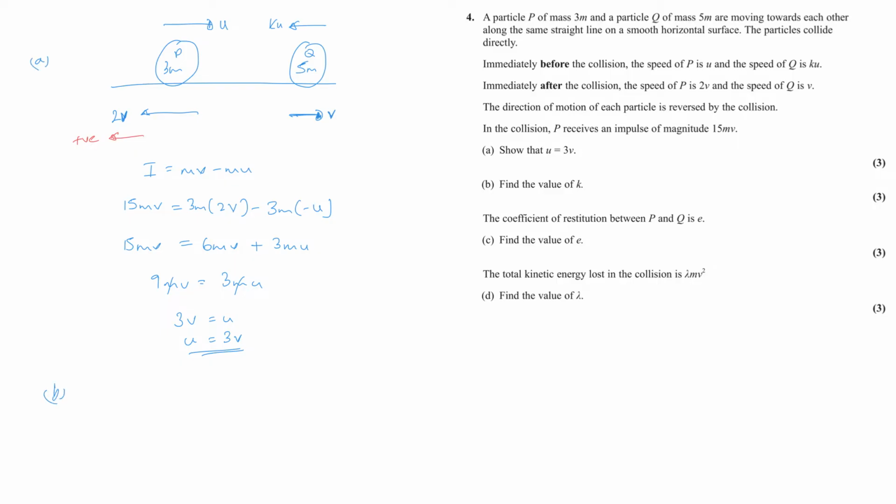Part B. Okay, the impulse here. So impulse equals mv. So it'd be the same impulse, 15mv, and that'll equal 5mv minus 5mku, and the ku would be minus, it's the opposite direction to v.